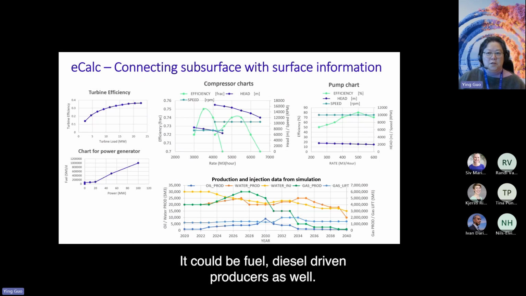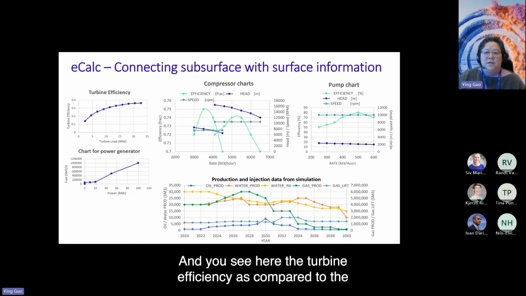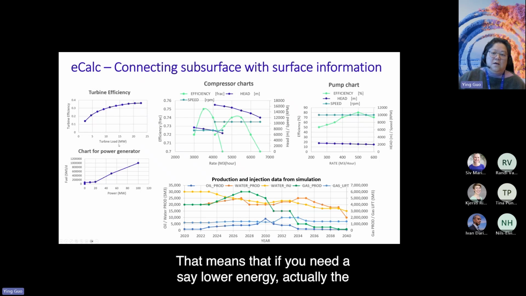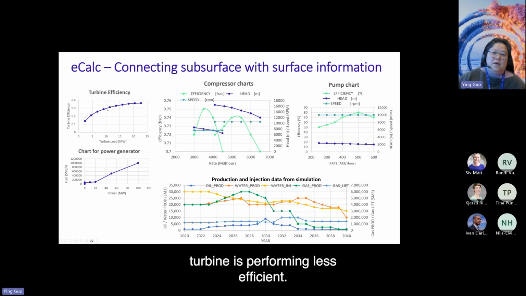It could be diesel-driven producers as well. And you see here the turbine efficiency as compared to the production in terms of megawatts is not linear. That means that if you need, say, lower energy, the turbine is actually performing less efficiently. So it doesn't mean you actually save energy.